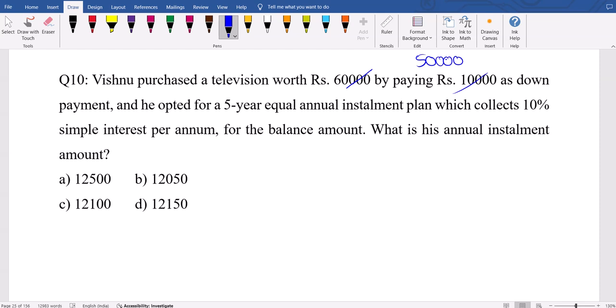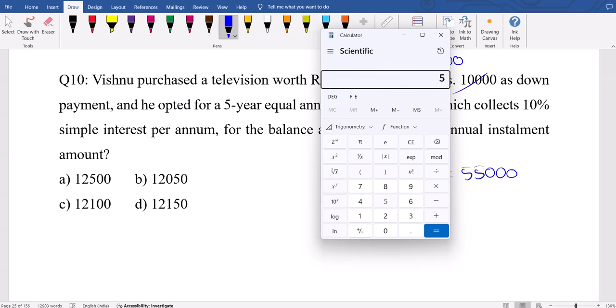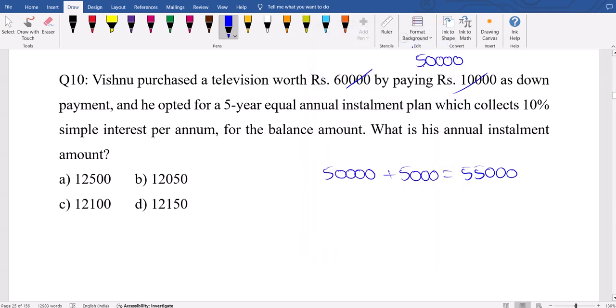Right, so see what can be done as per this question. So 50,000, 10% interest means plus 5,000. We want to get 55,000 collected in 5 years. Don't say 55,000 divided by 5, 11,000, no. In a 5 year equal installment plan, 50,000 is the balance and 10% interest.